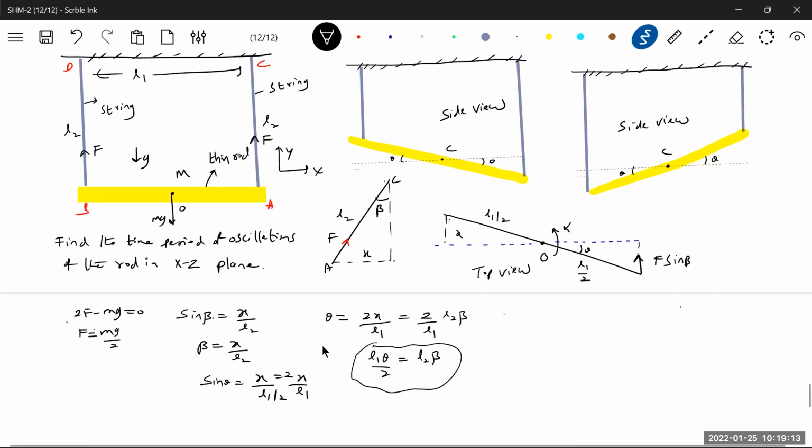The torque equation will be F sine beta into L1 by 2 cos theta, two times, because both forces are here, F sine beta, here also F sine beta, about O. This should be equal to the moment of inertia of the rod about O into alpha.